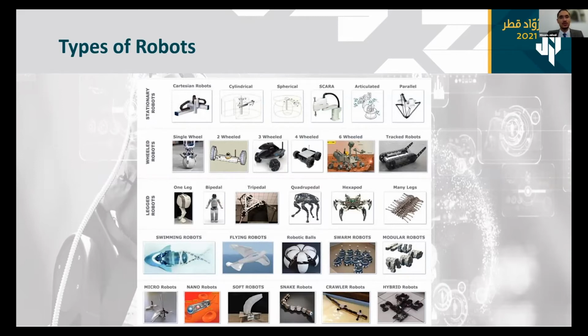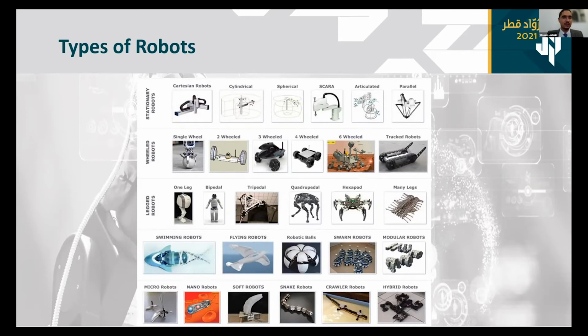Then, out of these three, we have what we call diversity robots, where we can find robots like swimming, flying, and multiple hybrid robots, snake robots, and so on. Stationary robots are found the most in industry. These are the most adopted robots inside a manufacturing company or manufacturing field.